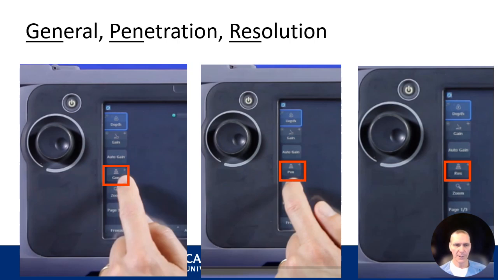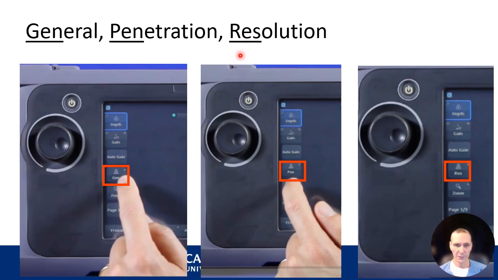Another set of buttons to be aware of: most will have a general, penetration, and resolution setting, often labeled Gen, Pen, Res. Now remember, these probes have a range of frequencies, and the lower the frequency, the more penetration. So if you put this on a penetration setting, it'll take that probe to the lower frequency and you'll have better penetration.